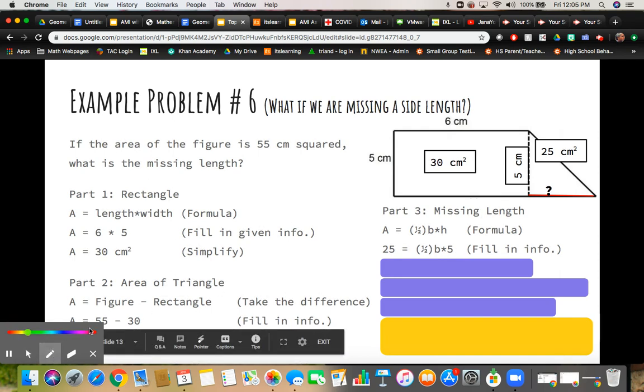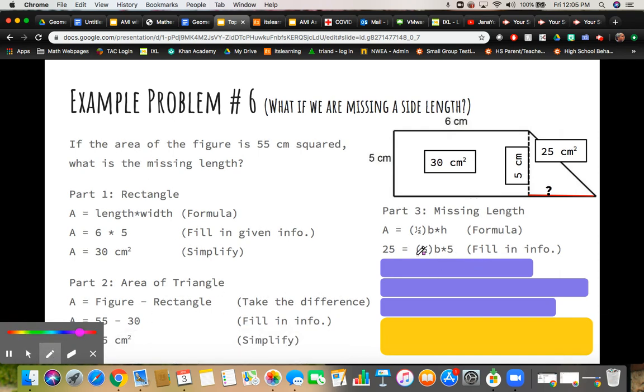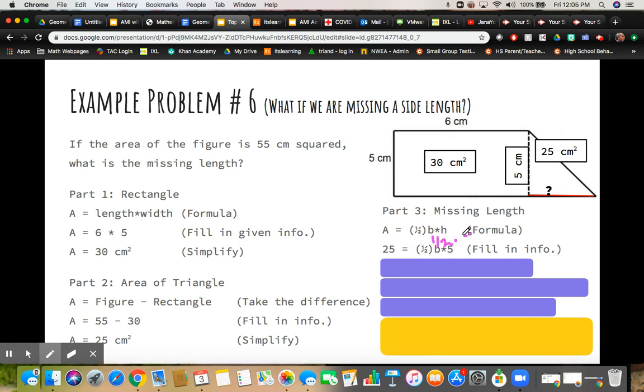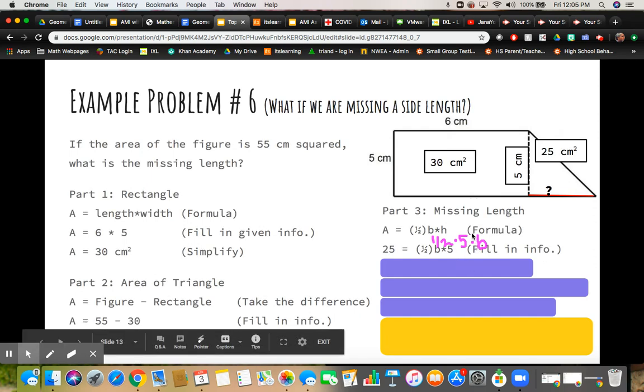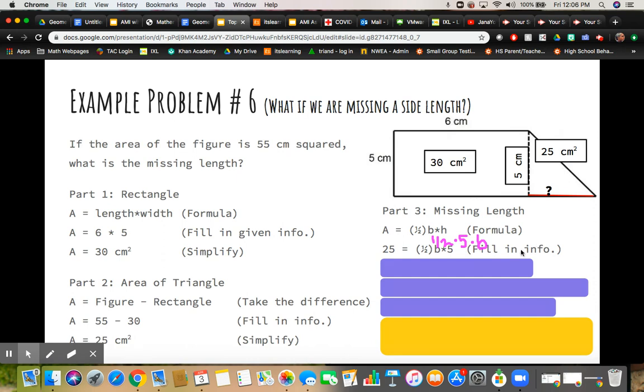I'm going to make this a little cleaner and easier for us to see. I can use the commutative property to say 1/2 times 5 times b, which is the same thing as 1/2 times base times 5. Because of that, I'm going to simplify 1/2 times 5. What is half of 5?